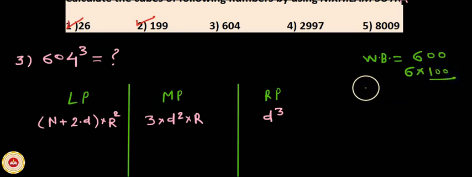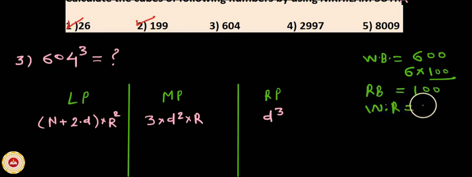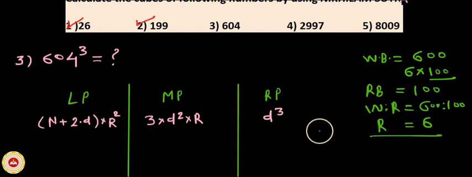So 100 is real base. What is ratio of working base to real base? It is 600 to 100. That means ratio is 6. Correct. So we are going to use this ratio in the calculations.